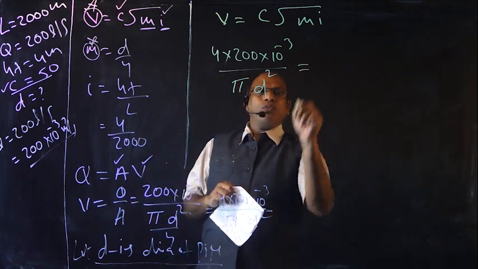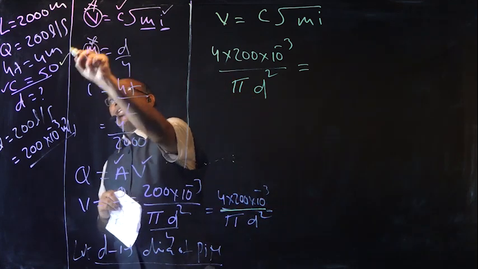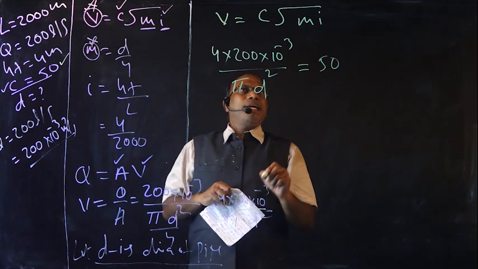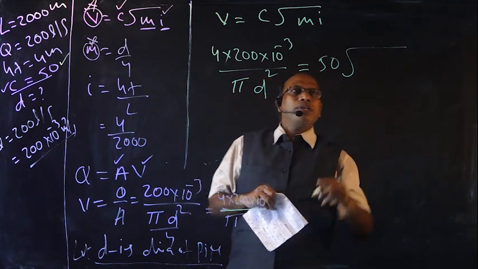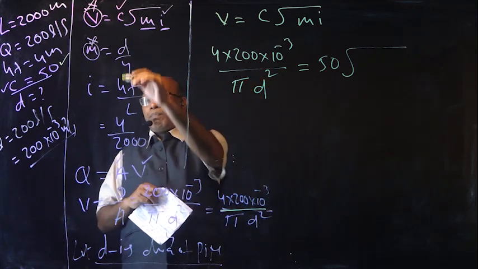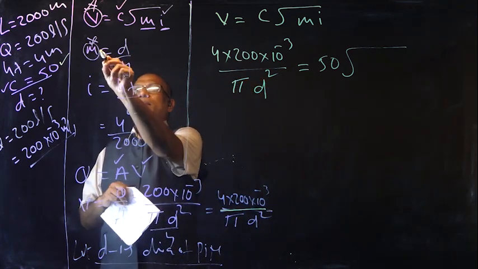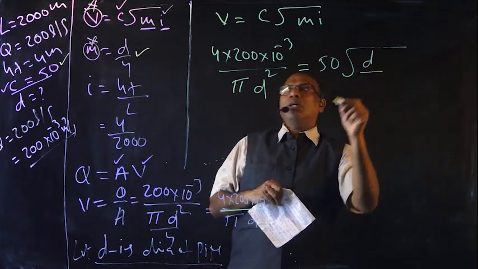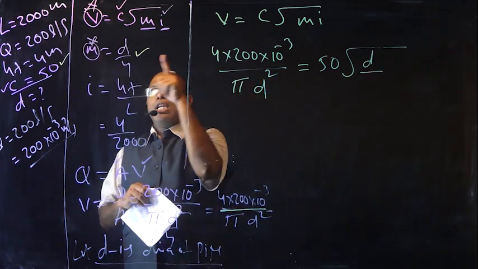That is equal to, what is the C value? C value is given in the problem, that is 50, square root of M, hydraulic mean depth M. Hydraulic mean depth M is equal to D by 4.